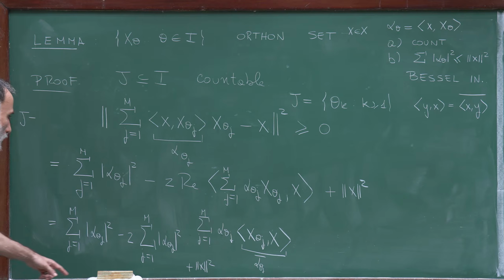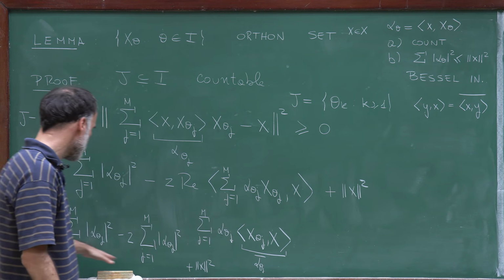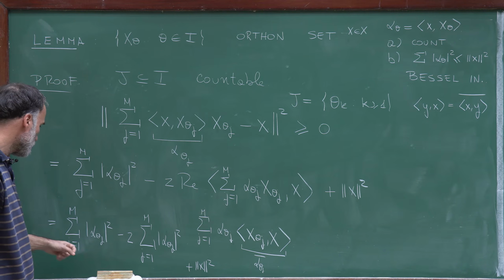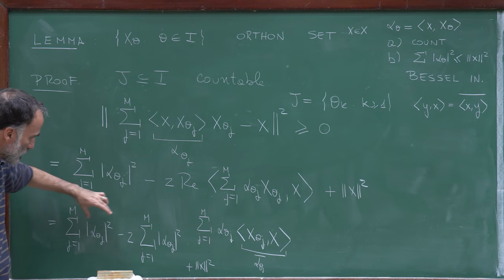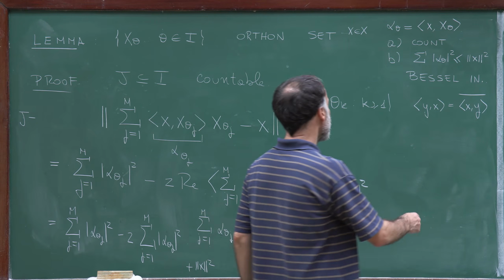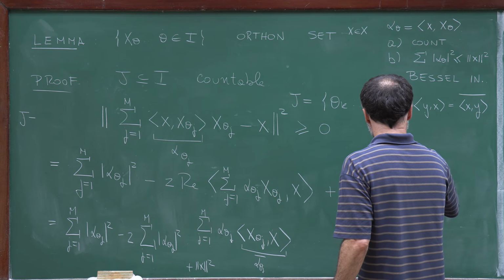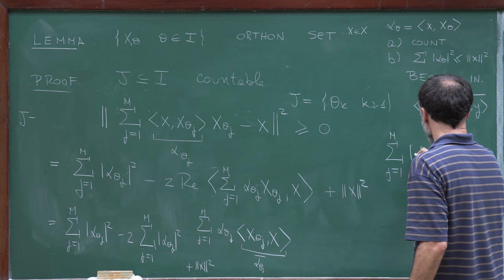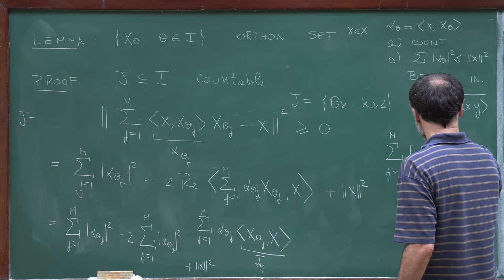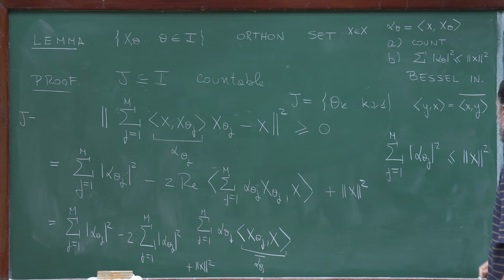And therefore, from this inequality, we know that this expression is non-negative. Here what appeared is this term and minus 2 times this term. So from this we get that the sum from 1 to m of alpha theta j squared is bounded by the norm of x squared.